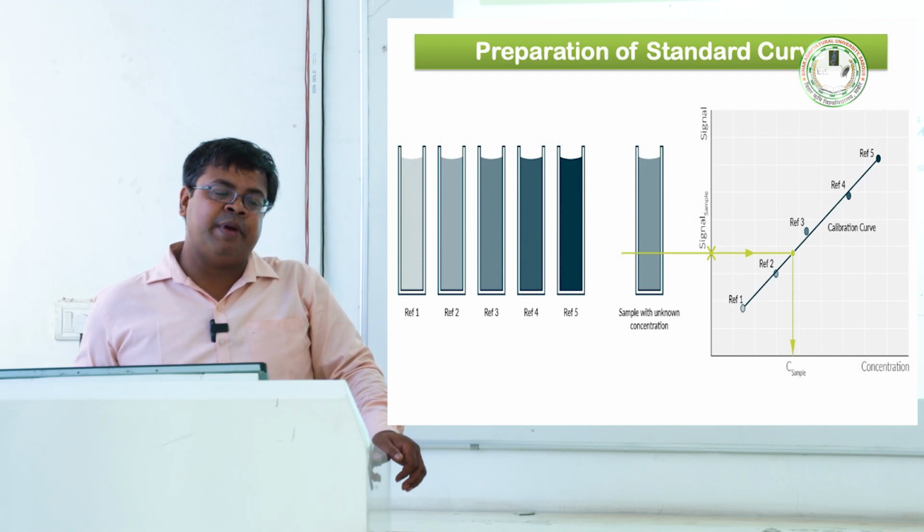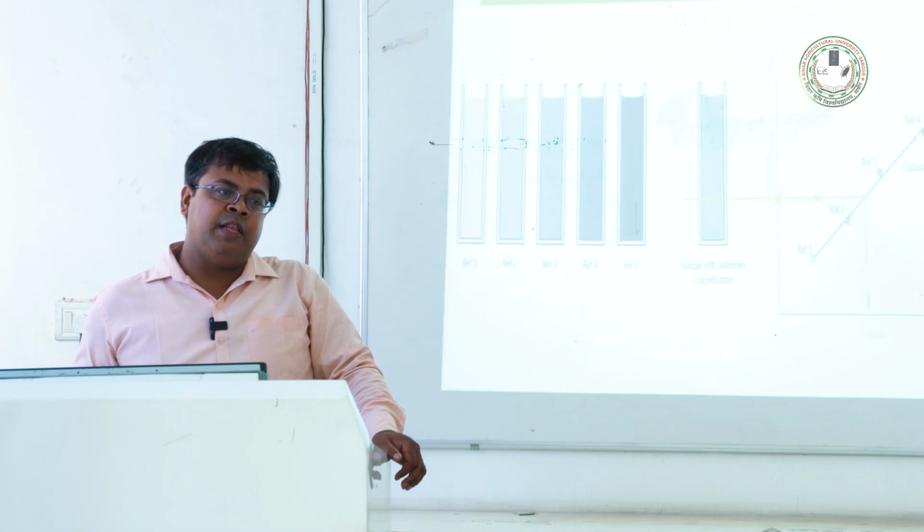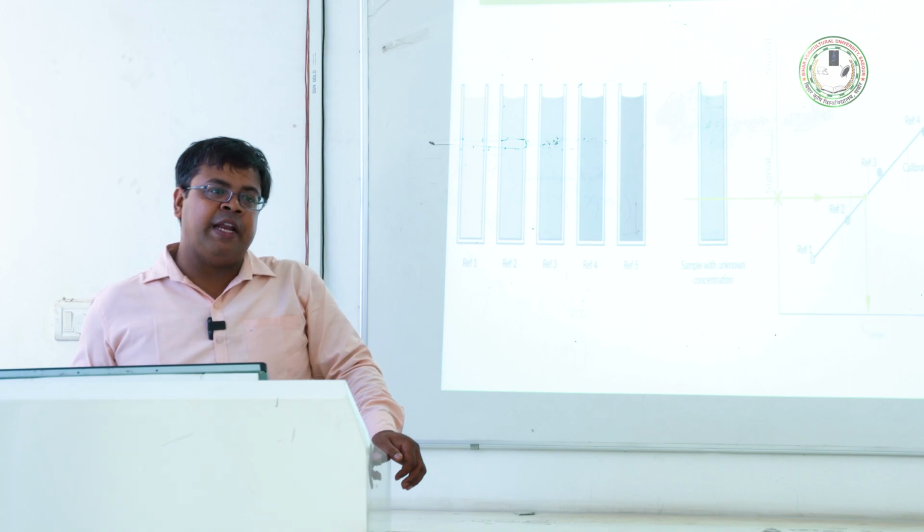So accordingly determine how much stock solution you have to take: 1 ml for the 10 ppm, 2 ml for the 20 ppm, 4 ml for the 40 ppm, 6 ml for the 60 ppm and 8 ml for the 80 ppm.